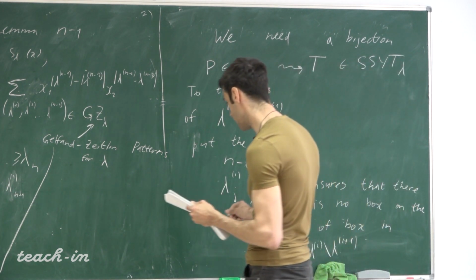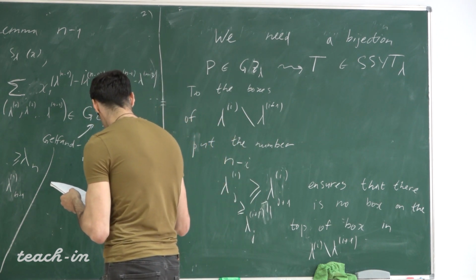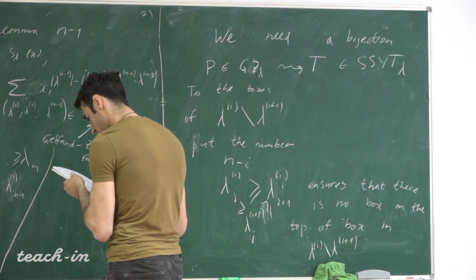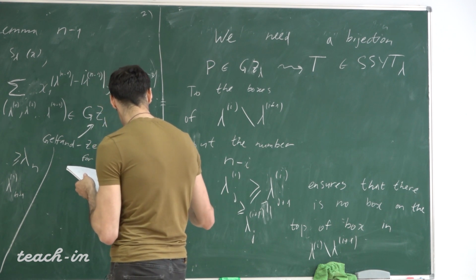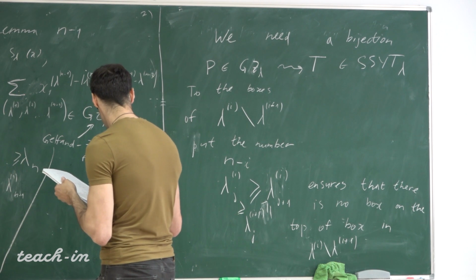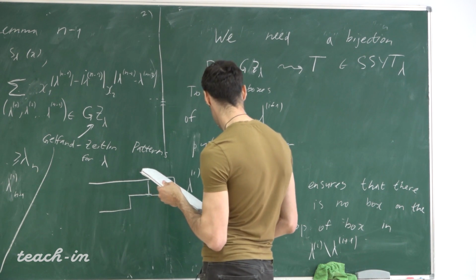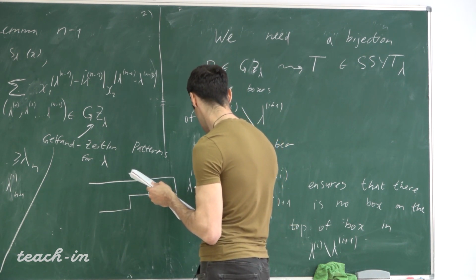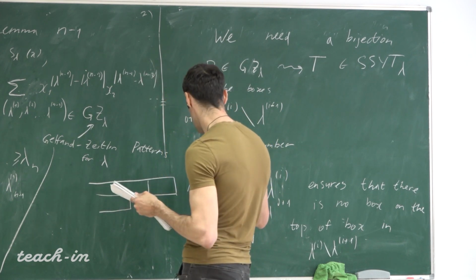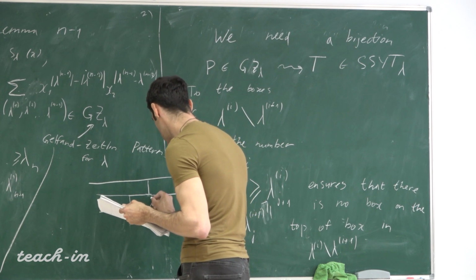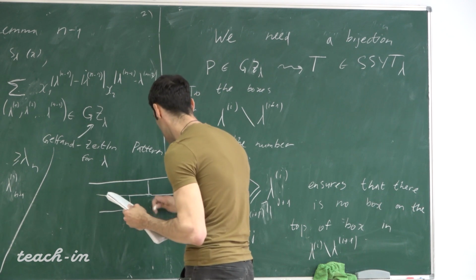Why? Because locally this is the following picture. So you have, say, lambda i, and locally it's like that. This is lambda i j, this is row lambda i j, this is lambda i j plus 1. Maybe I should do it like that.